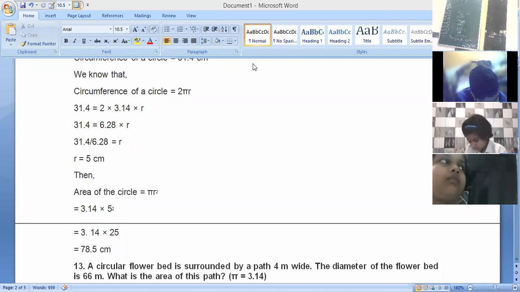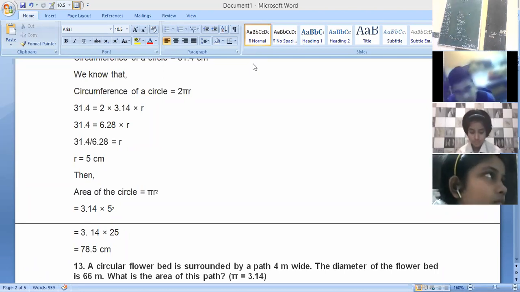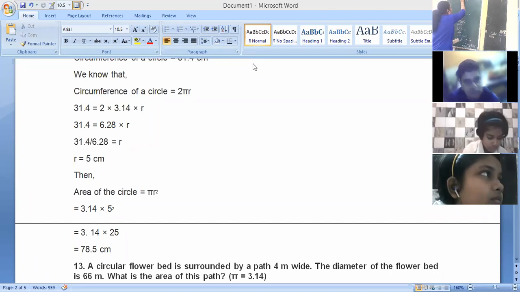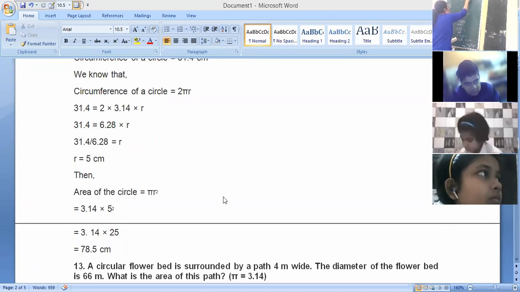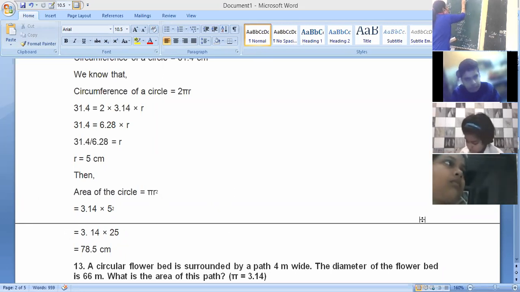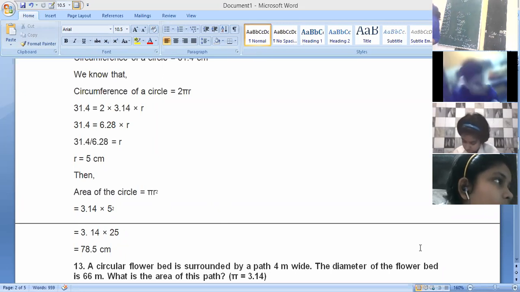The diameter of the flower bed is 66 meters. This is the flower bed and this is the diameter, and the path is 4 meters wide. Now we have to find out the area of the path here.